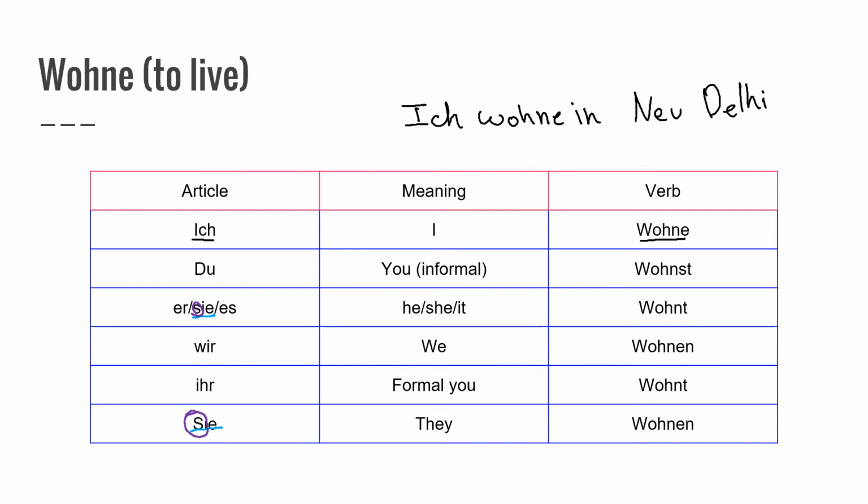If you think my writing is awful, then you can comment in the comment section. Now, wohne is to live. New Delhi is where I live. And in German is in only, the same as in English. Which means I live in New Delhi. So let's continue.